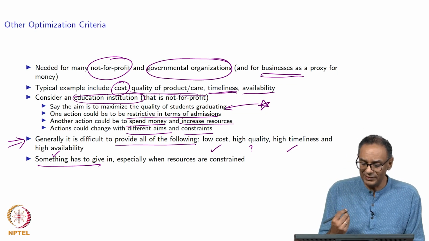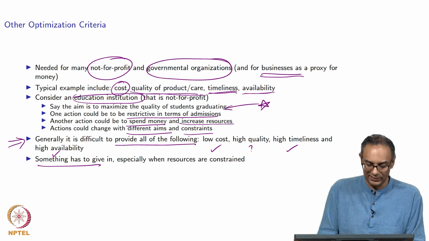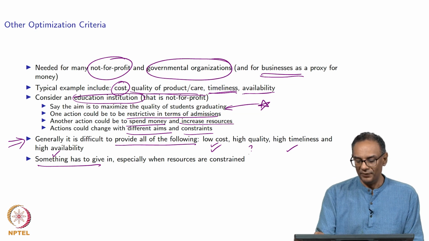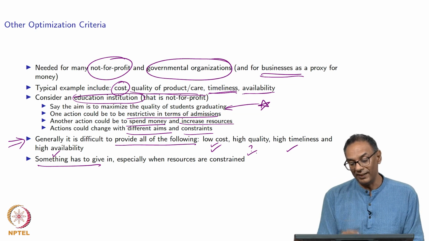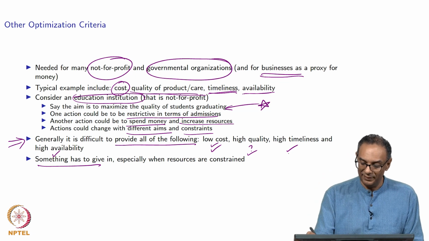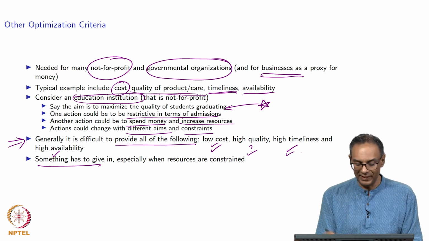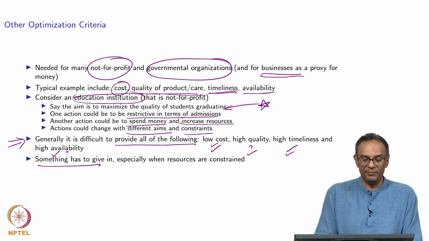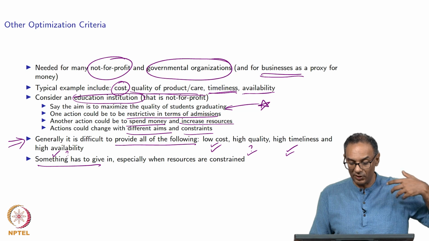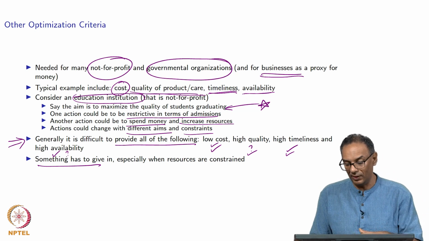Now, there are many such examples in life that you could think about. For example, the dentist office was trying to keep the cost low, keep the quality high, and also be highly timely, but not highly available. That is because it's very difficult to get an appointment if you want to keep your costs low and your quality high.